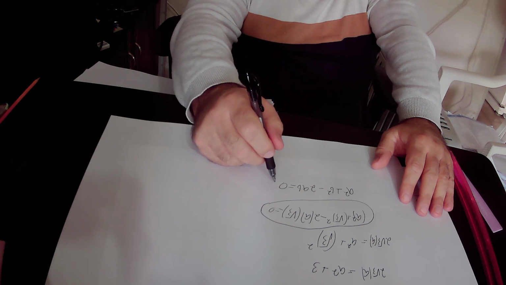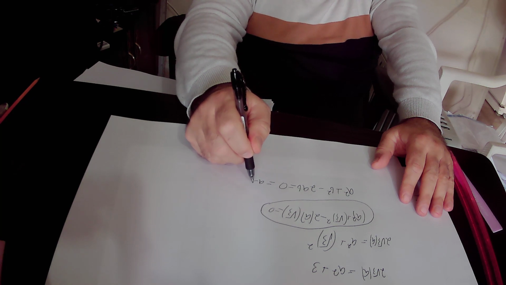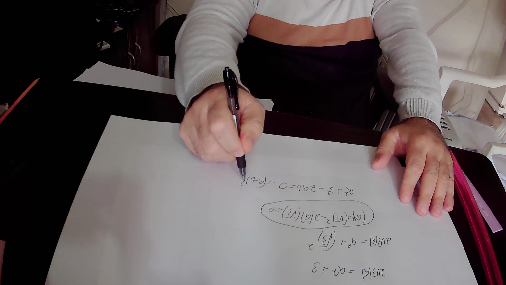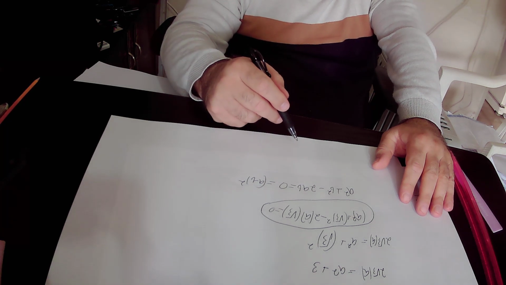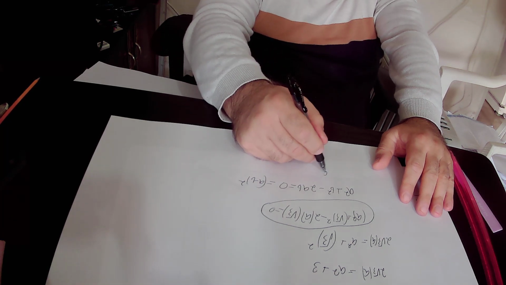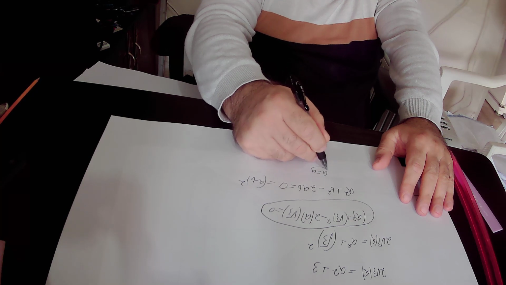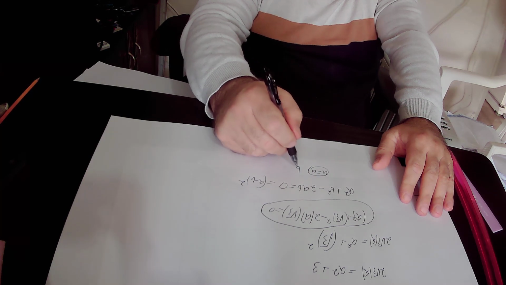And it also equals a minus b squared. In our specific equation, a equals a and b equals the square root of 3.